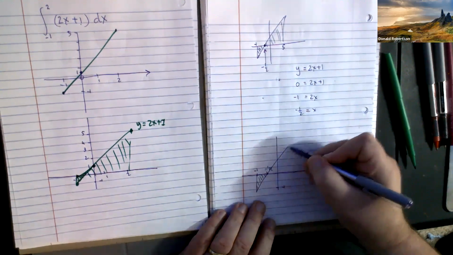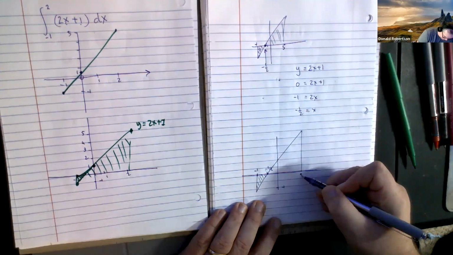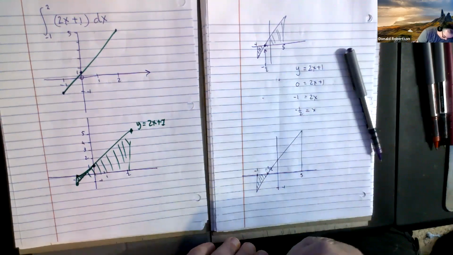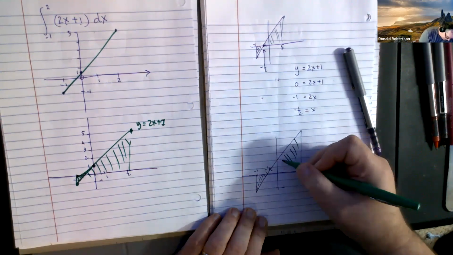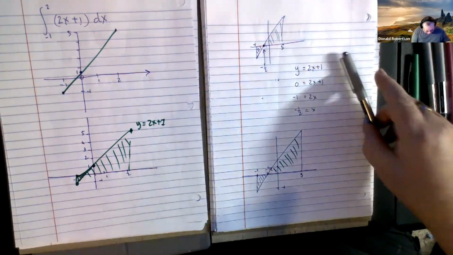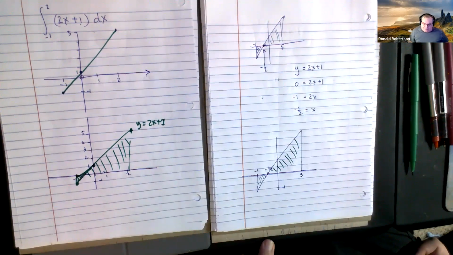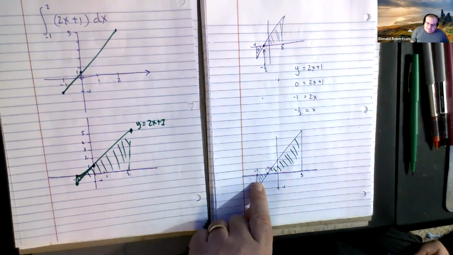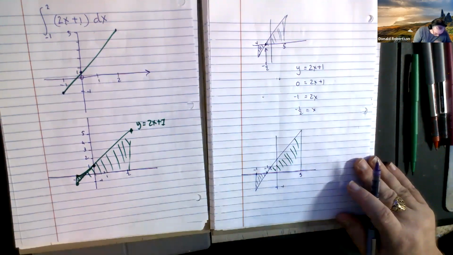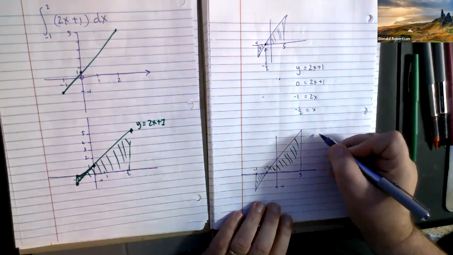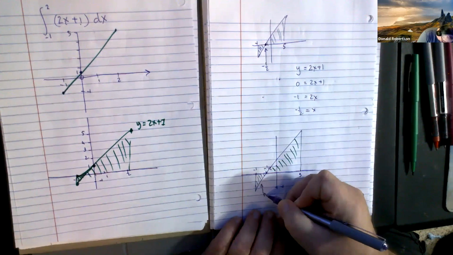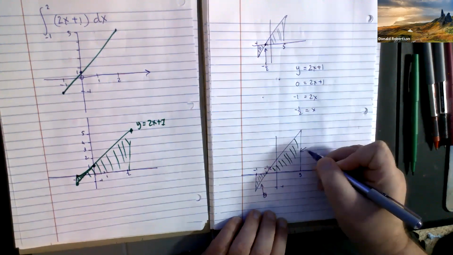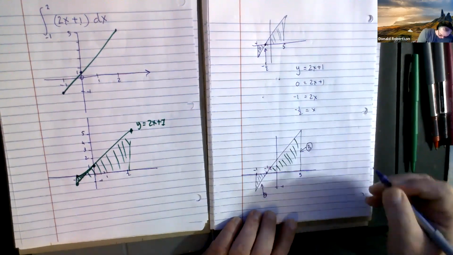And then we have the rest of the line, which finishes up here. And the reason I need to do that is this green guy is positive, and this little guy here is negative. So let's call this guy A. Let's call this big piece here B.